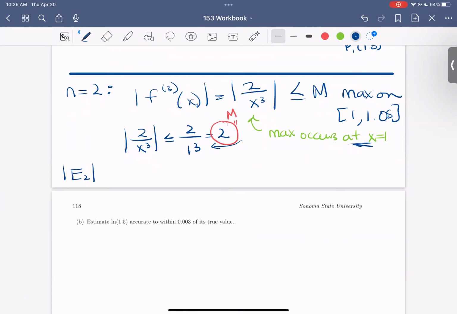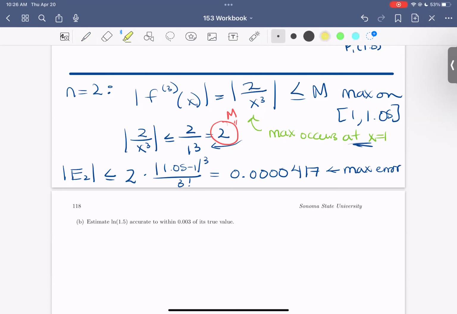So E sub 2 will be less than or equal to 2 times 1.05 minus 1, now cubed, over 3 factorial, which is going to be equal to 0.000040417. So here's our max error.